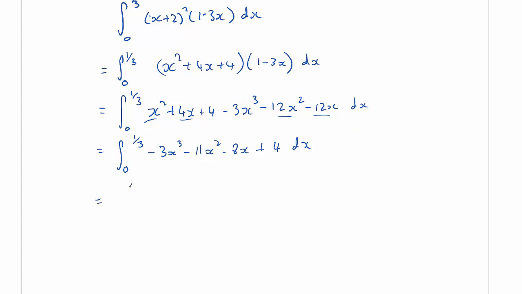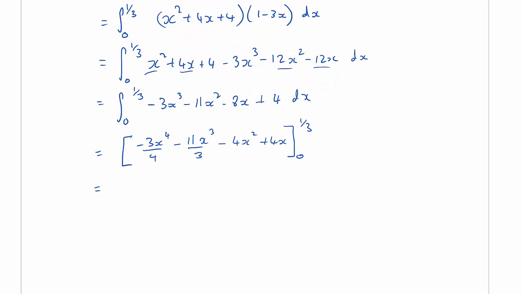So we've got minus 3x to the 4 over 4. Take away 11x cubed over 3. Take away 8x squared over 2, which is just 4x squared, add 4x. And that's going from 0 to 1/3.